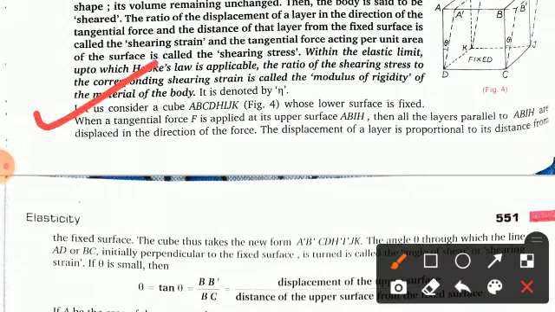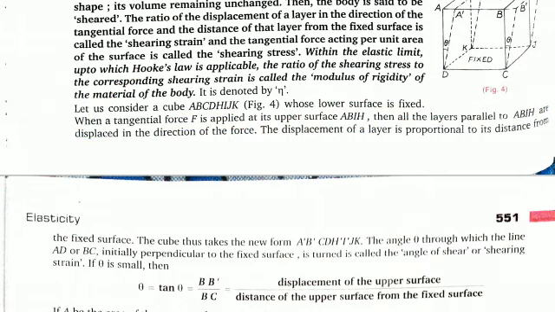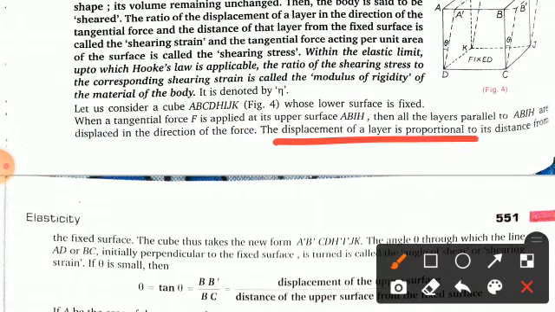Let us suppose a cube ABCDHIJK from this figure number 4, whose lower surface is fixed. When a tangential force F is applied at its upper surface, that is ABIH, then what happens? All the layers parallel to ABIH are displaced in the direction of the force. Clear? The displacement of the layer is proportional to its distance from the fixed surface.